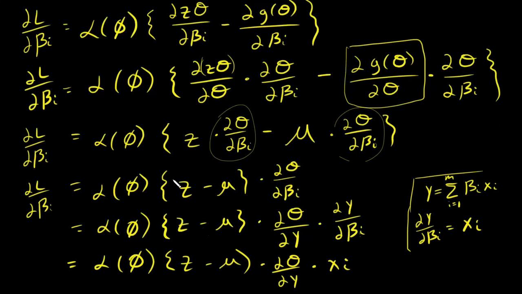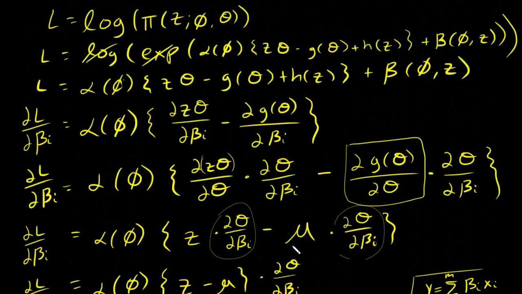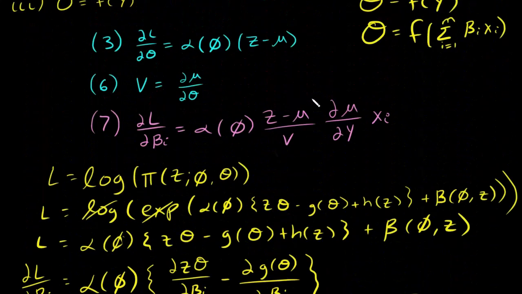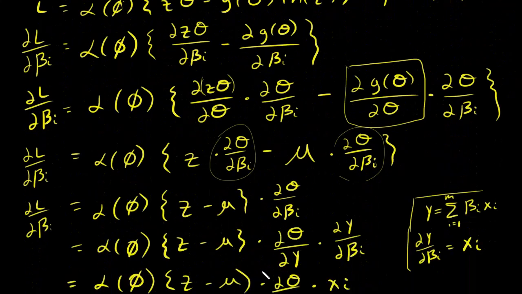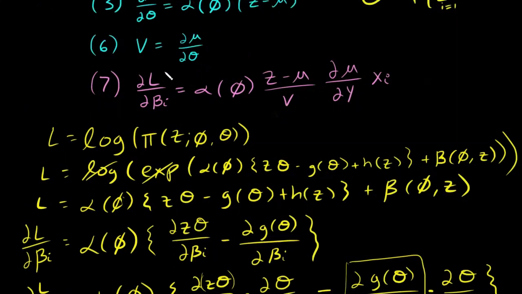Let's see. One more thing I could do. I'm trying to get it to look like this. Although I guess I never directly used equation 3. Maybe I could have, and then I would have gotten here quicker. But I definitely want to use equation 6 to help me get here, because I do see this v showing up, and what I have currently doesn't have v yet.